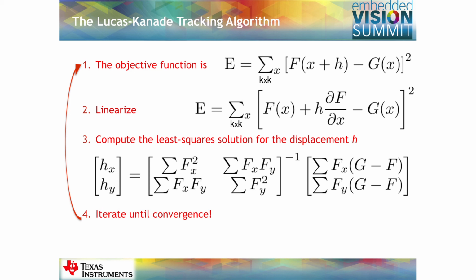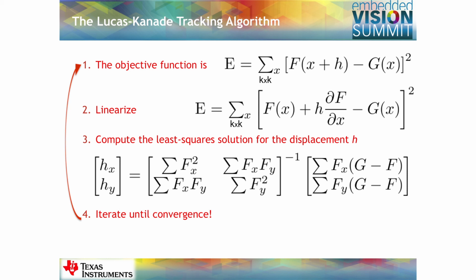The line of attack is going to be a linearization, Taylor expansion of the image that is translated by h. Basically, what we end up with here is the h that we are interested in, variable, and here's the image gradient. And this is actually a quadratic equation. You can solve it, and here's the form of it.